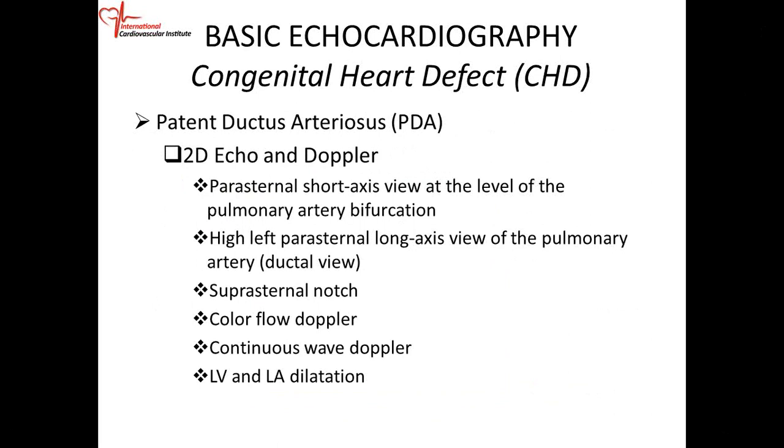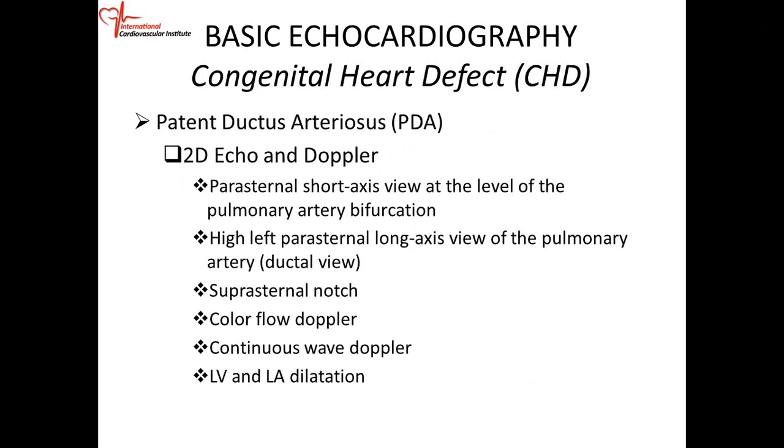So the parasternal short axis view at the level of the pulmonary bifurcation is a good view. You can also do a modified view, we call a high left parasternal long axis view of the pulmonary artery. You should always try and do this to identify the branches of the pulmonary trunk.